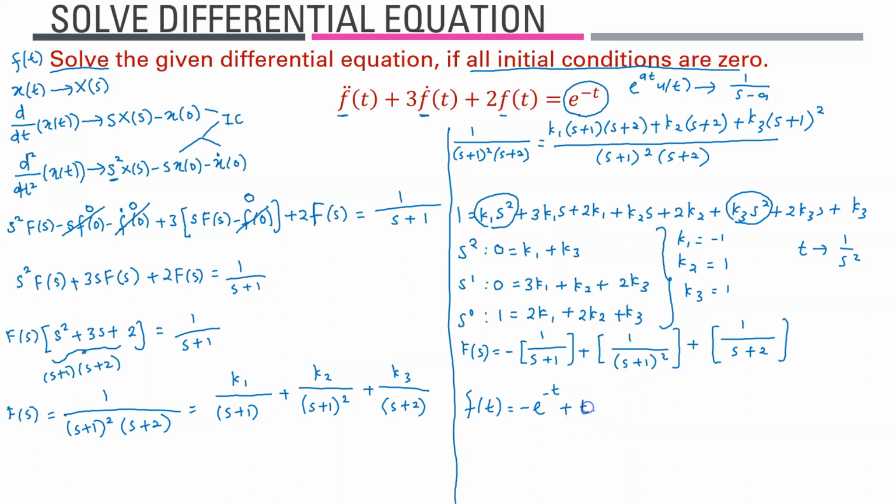So you will have t e^(-t), plus this one again, the exponential e^(-2t), u of t. Okay? So this is the answer to this question. This is f of t, the solution to the differential equation.